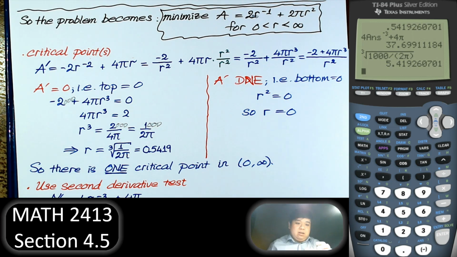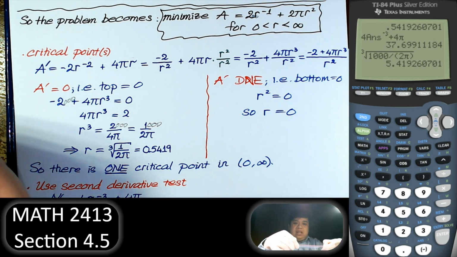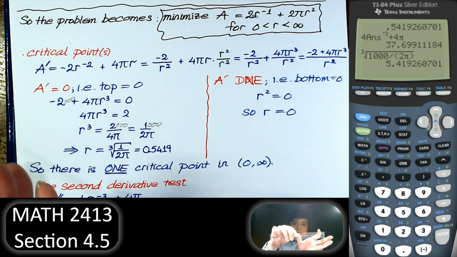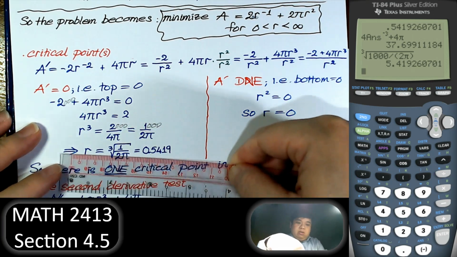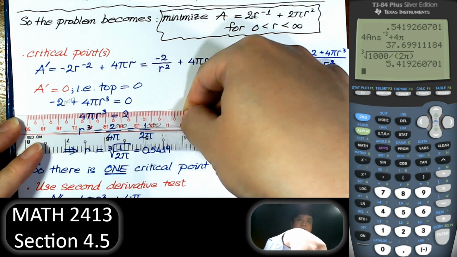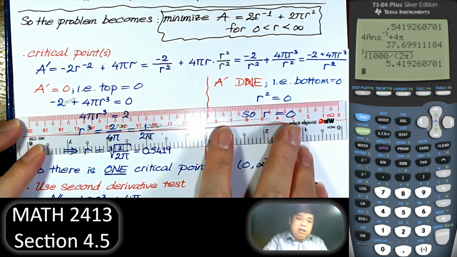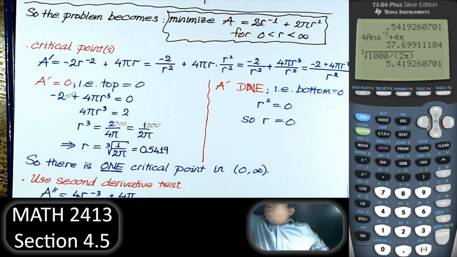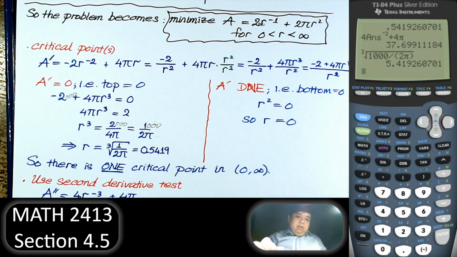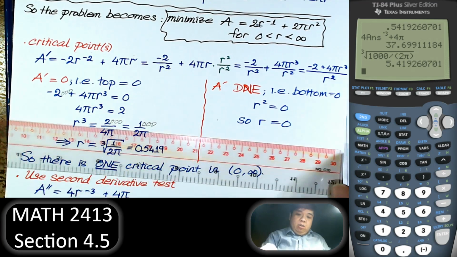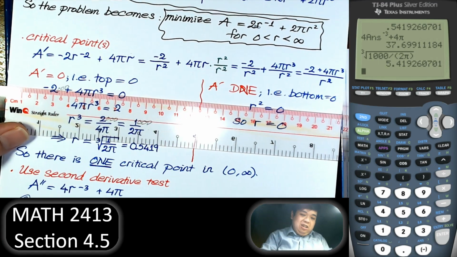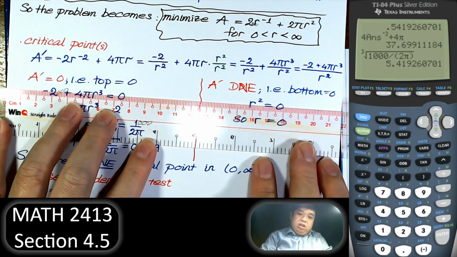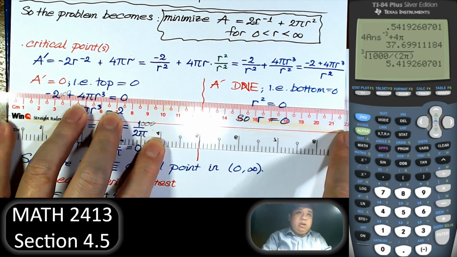So the can has a diameter of about 10 centimeter. So this is 10 centimeter. So the diameter of the can is about this much, which is reasonable. A standard paper is 8.5 inches wide, which is about 22 centimeter.